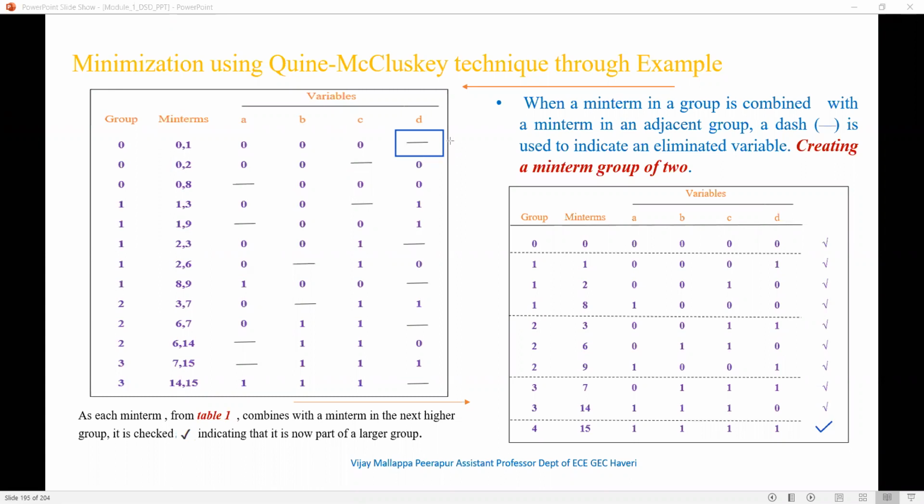Group 0 has a dash here, and see whether group 1 has the dash for the variable D there. Yes, we do have it here. And see whether there is any one variable change between these two groups of 2 mean terms.